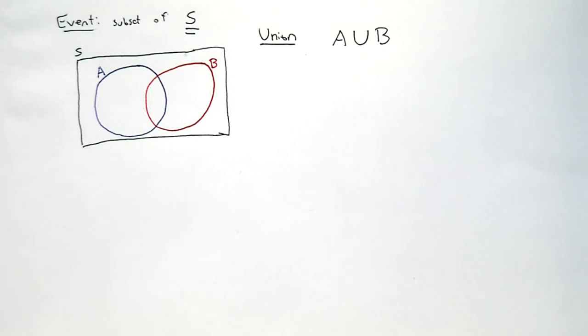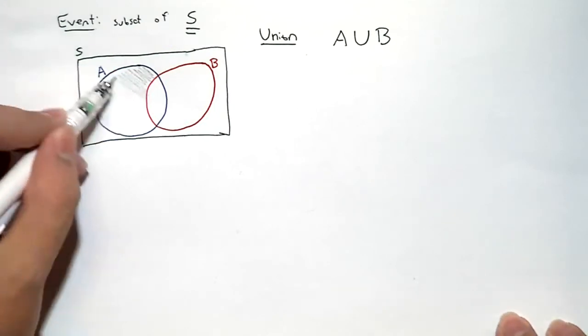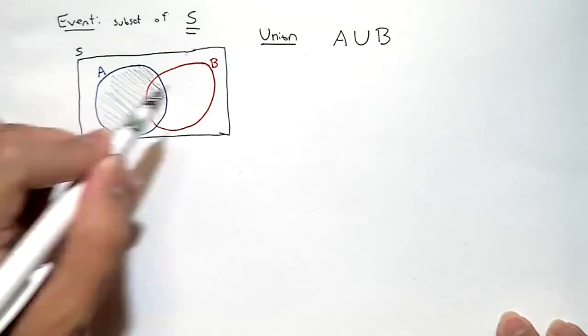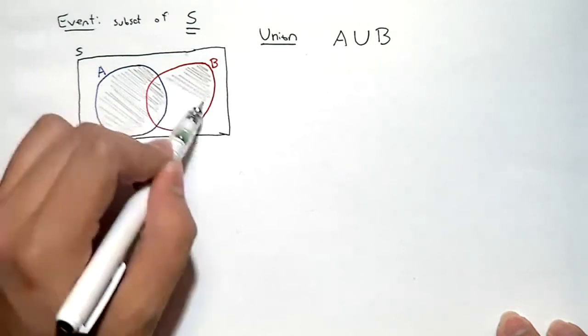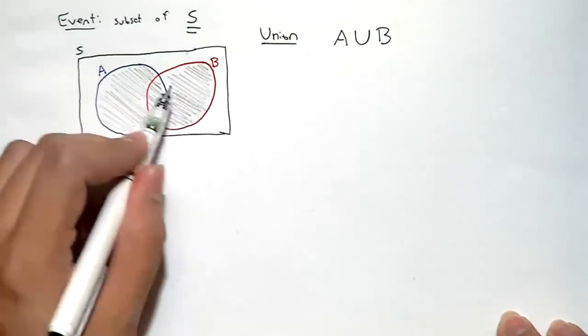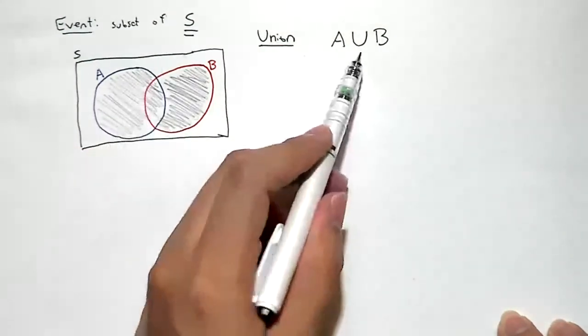So if we're looking at all of the outcomes in A or B, it's going to be anything that is in A plus anything that is in B. So A or B just means anything in both. Here, this, for example, is in A, this is in A, and this is in B, and this is in B, but we already selected it. So when I say the union of A and B, this A U B, this is called a cup.